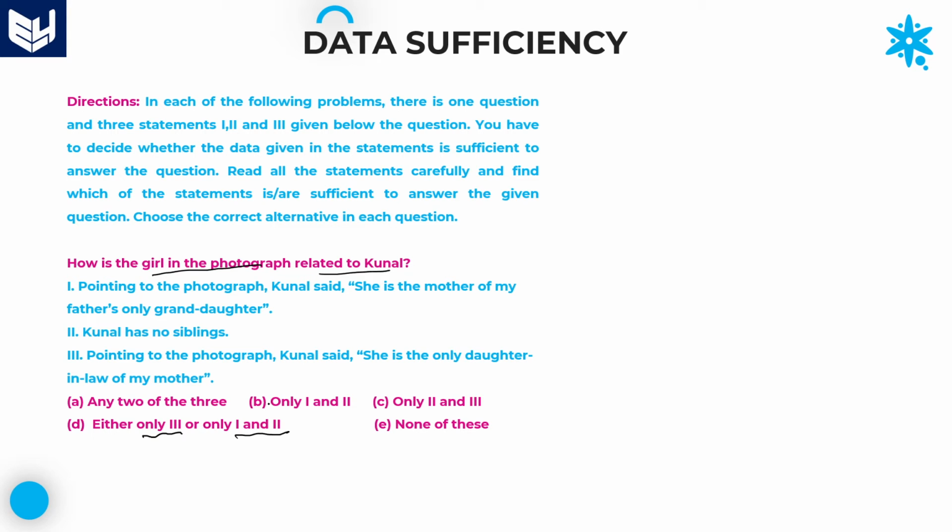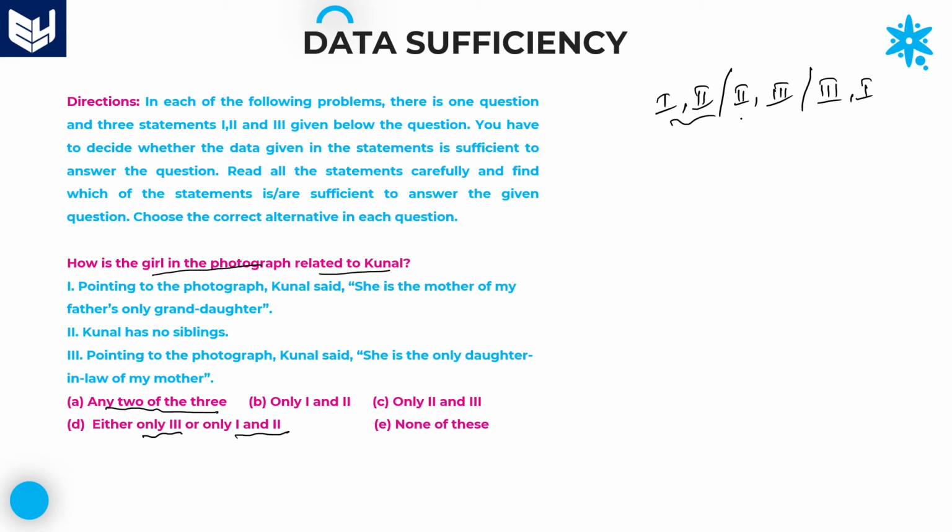So you have to check only 3 also. Why? Because there is an option called either only 3 or only 1 and 2. And also, any 2 of 3 means it is a combination of 1 and 2, a combination of 2 and 3, and a combination of 3 and 1.